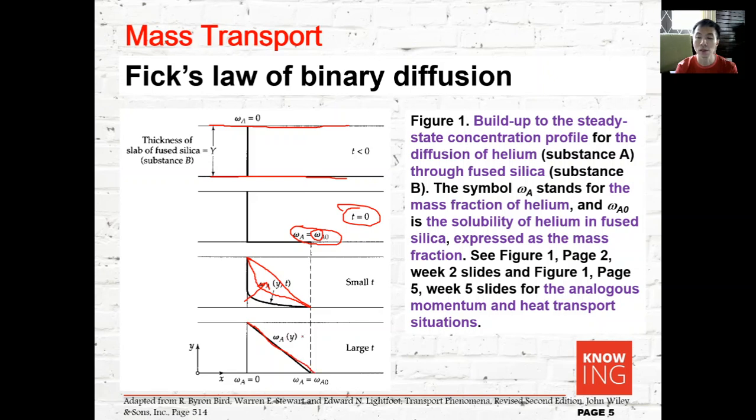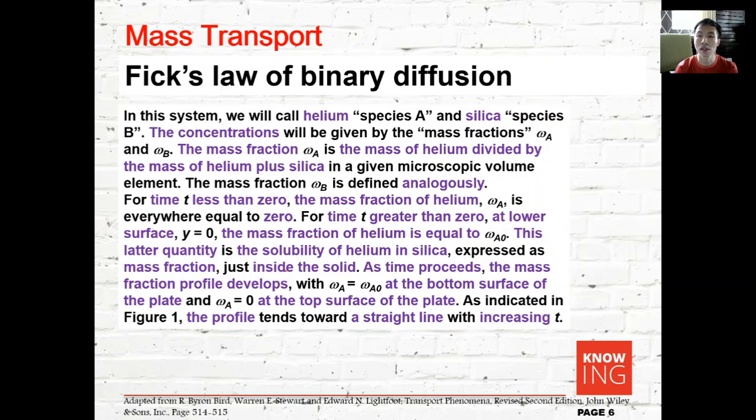This linear concentration profile is defined as omega A, which is a function of y, because y goes up, whereas x goes to the right.